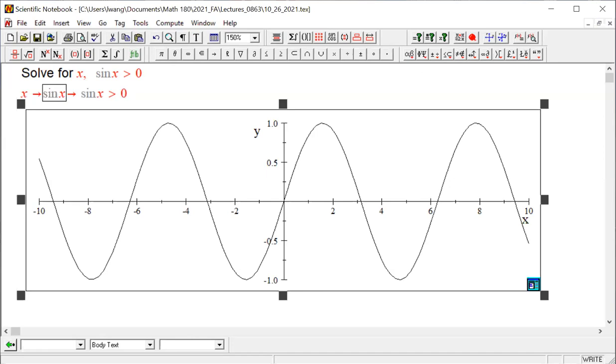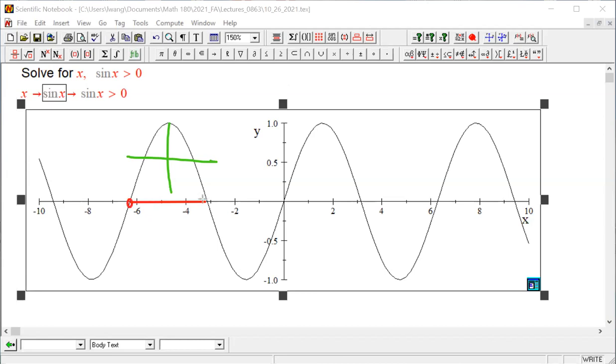So in this picture, where do you see positive output? This piece is positive, right? So what are the inputs to make it positive? You see how visual that is?